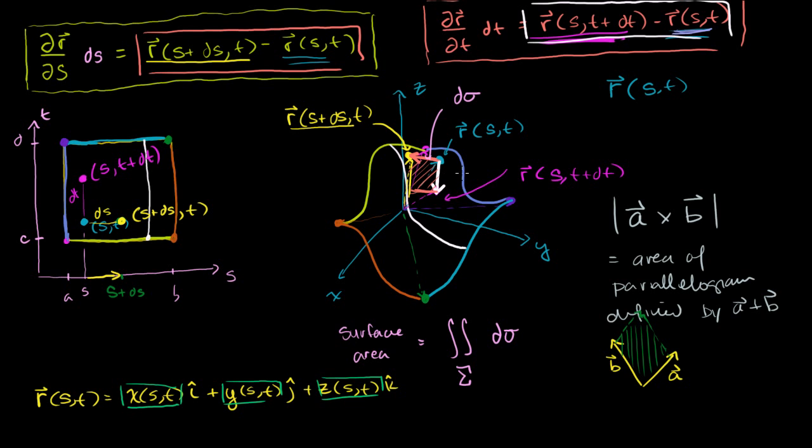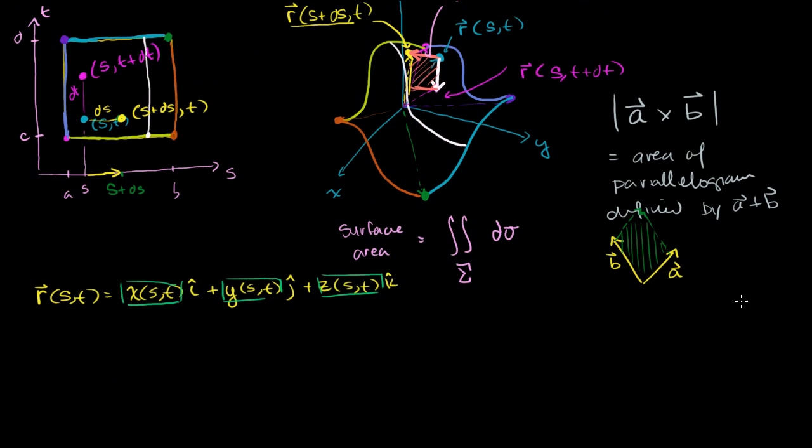Now, we just figured out that d sigma, that area of that little part of the surface, that parallelogram, can be represented as the cross product of those two vectors. So let me write it here. And this is not rigorous mathematics. The whole point here is to give you the intuition of what a surface integral is all about.